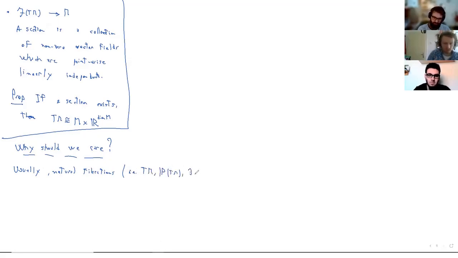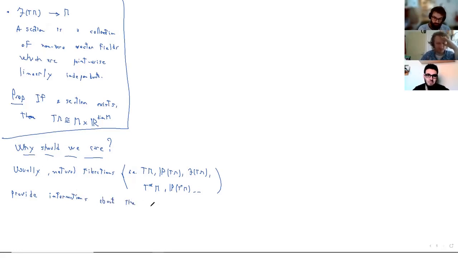For instance, this or this, or even, I don't know if you know about this, the cotangent bundle. Have you ever heard of this? And of course then the related ones, etc. So basically everything that can come out of the tangent bundle, because the tangent one is the most natural one, but anything that can come out of it provides information, quite surprisingly, about the topology of them.